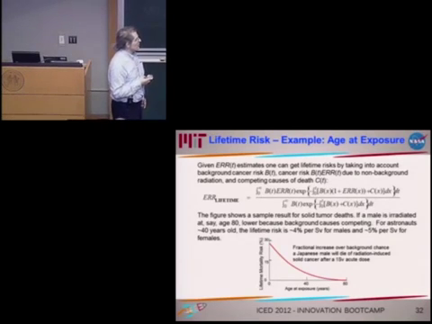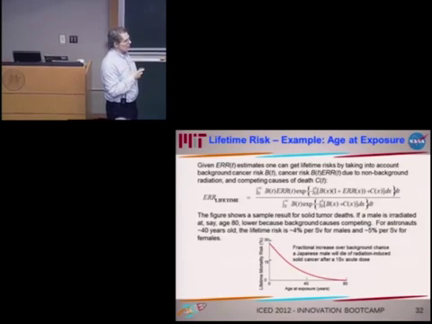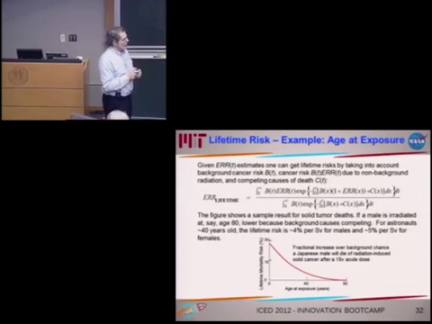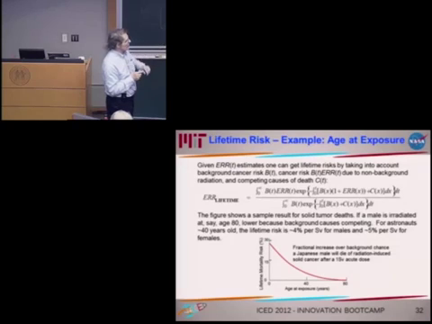and the competing causes of death as C, then the denominator of this function up here, you'll recognize that exponential function, is the same thing we've been talking about a lot: B plus C is the totality of the causes of death. So the exponential relates to neither cause of death having happened by time t, but then suppose the background cancer happens in the next increment of t, that's the front B of t in the denominator, in the next delta t, then you integrate over all those things.